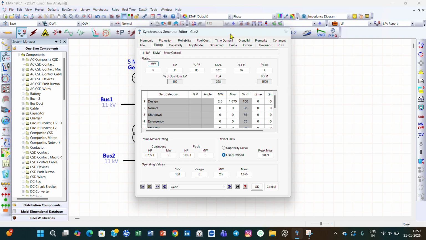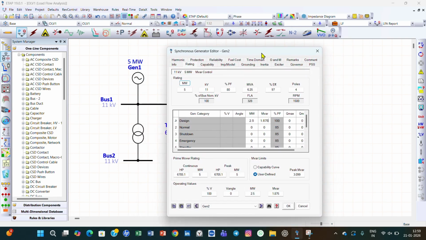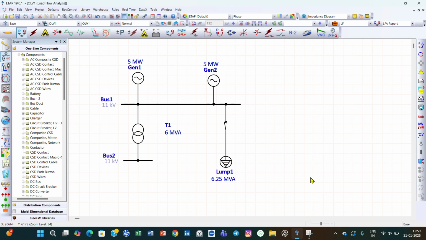Here it is in kilowatt, and the load displayed first was in kilowatt, while here it is in megawatt. So when we convert the kilowatt into megawatt, it becomes 2.5 and 1.875. Click OK.